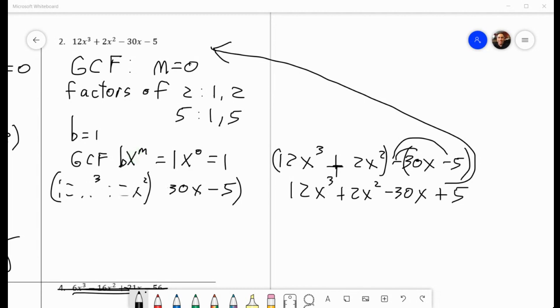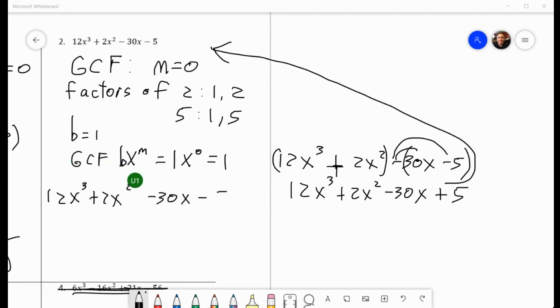Let me erase all this and start again. So we have 12x cubed plus 2x squared, minus 30x minus 5. What I'm going to do is think of that subtraction as adding the negative.